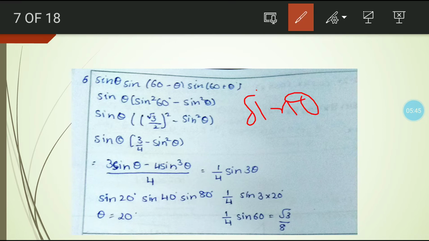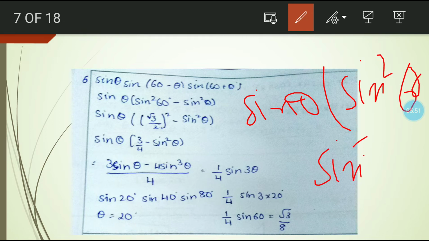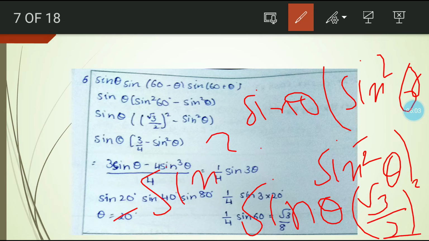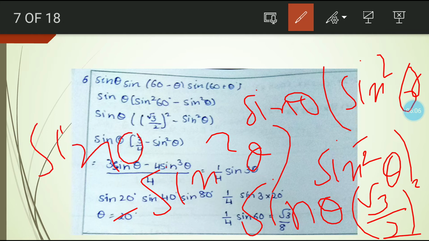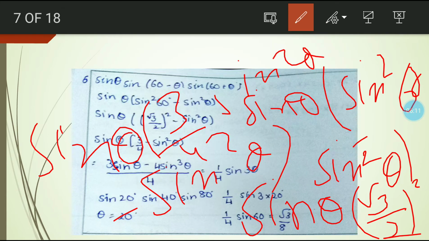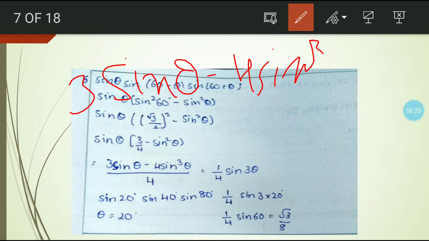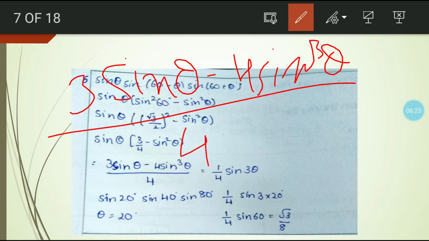Sine theta into sine square 60 minus sine square theta, then sine theta into (root 3 by 2) square minus sine square theta, sine theta into (3 by 4 minus sine square theta). After that 3 sine theta minus 4 sine cube theta, divided by 4, is equal to 1 by 4 sine 3 theta.